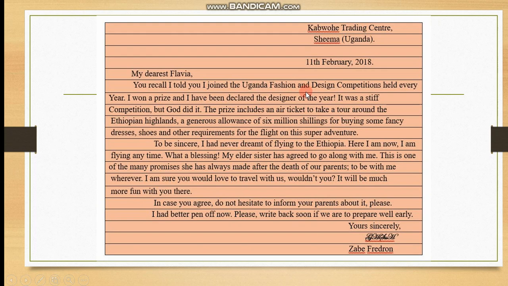Okay, so in this letter, we expect to see that this person has informed the other person about the competition that he or she participated in, and then he must have won a prize because that's what the question requires. And then what the prize is, it is up to you to mention it. And then here, this person must also be able to invite the other one to go and enjoy with them whatever they're going to do.